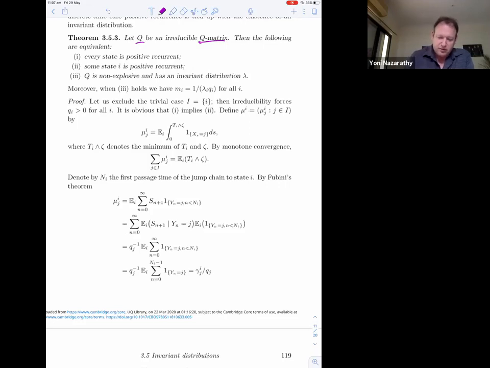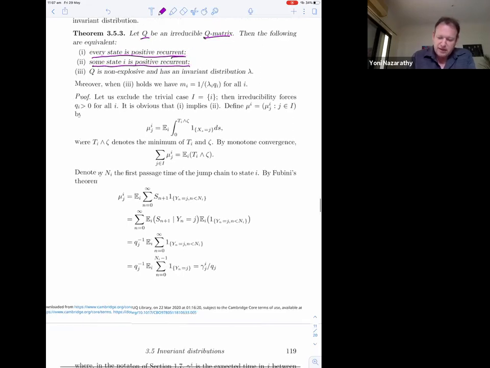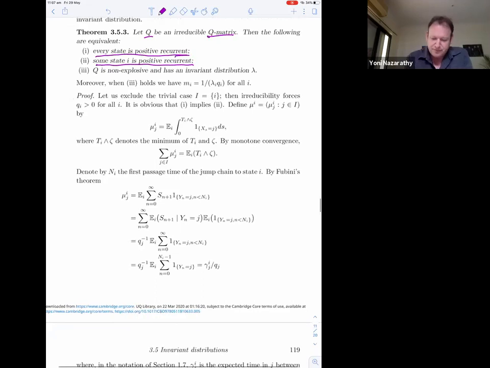So this is an equivalence between 1, 2, and 3. Every state is positive recurrent. Some state is positive recurrent, fine. So if one state is positive recurrent, then any other state is positive recurrent. And Q is non-explosive and has an invariant distribution lambda.